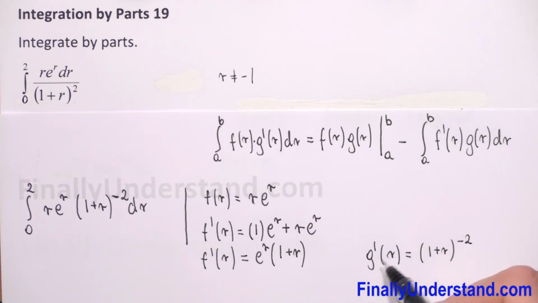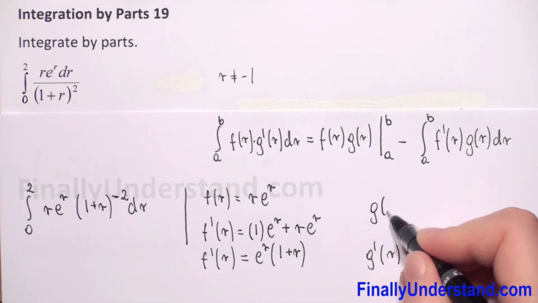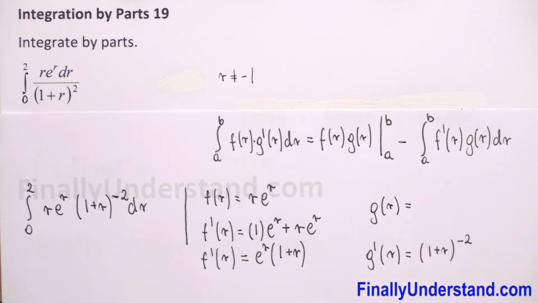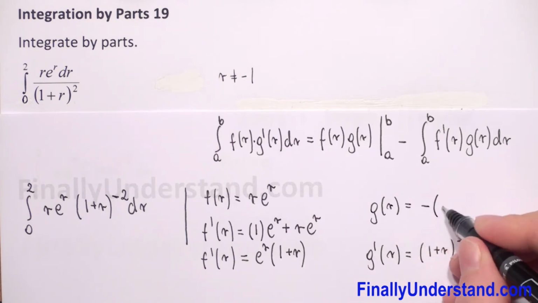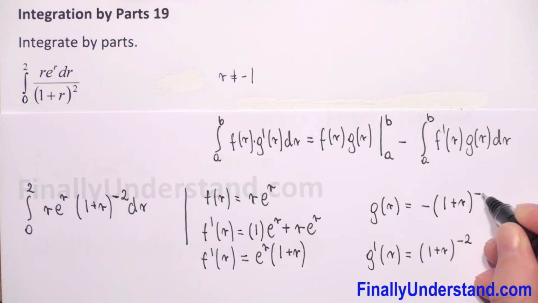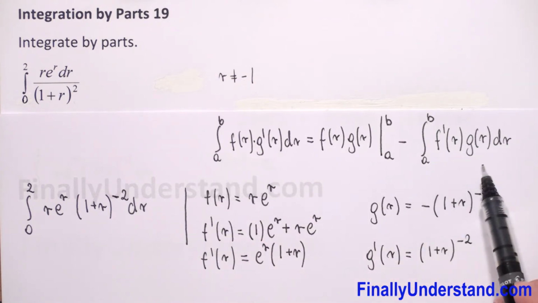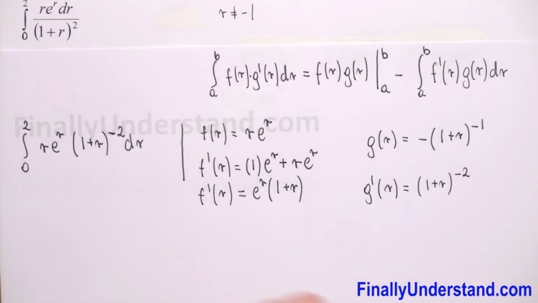So we need to find the antiderivative. So g of r is equal to negative, and in parentheses we have 1 plus r to power -1. You can always check: if you take the derivative of this expression, you will get this. So next we can just substitute into our formula.